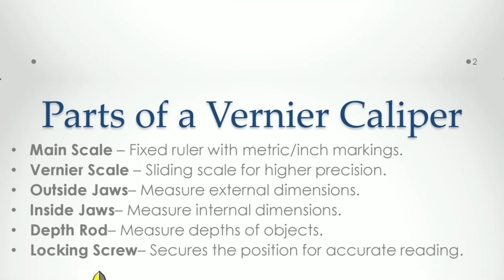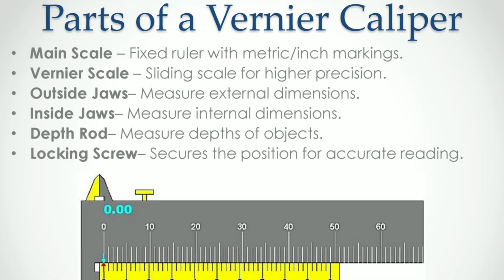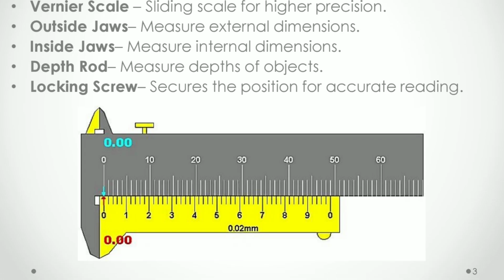First of all, we need to calculate the main scale reading, the vernier scale reading, as well as the least count. Here I am discussing how we can measure the least count. The first condition is that the main scale reading and the vernier scale reading should be at 0 0.